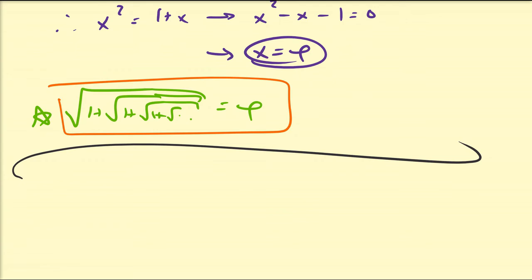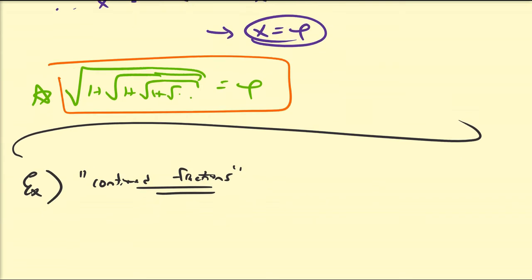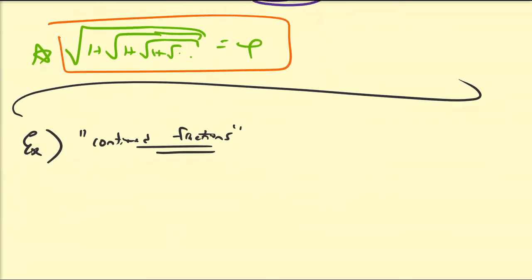Another scenario is what we call continued fractions, which we'll definitely get into later. And those are things such as 1 plus 1 over 1 plus 1 over 1 plus 1 over 1 plus 1 over, and so on, right?